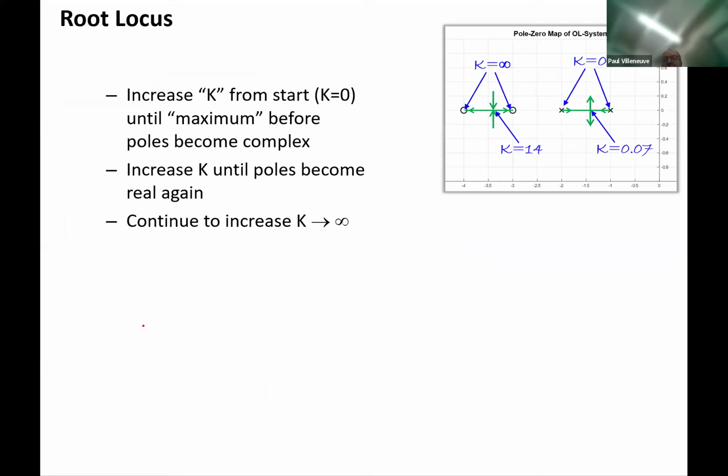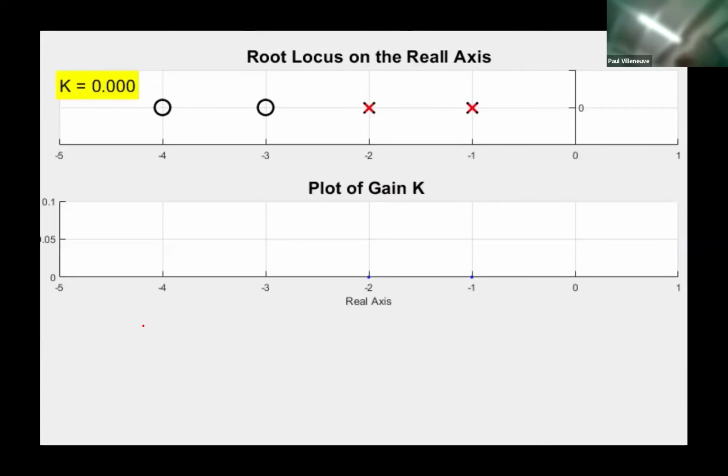Go back up. Do that again, because it's very important. Look at what k is doing. The first plot is what happens between the two poles. Look what happens at k when they leave.